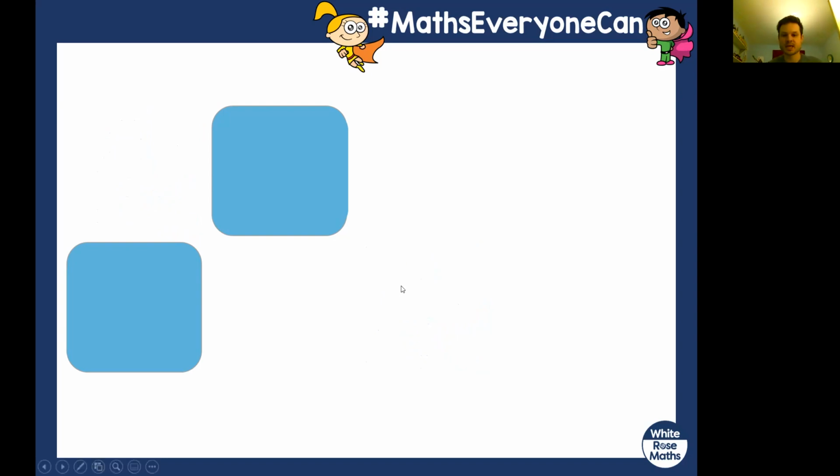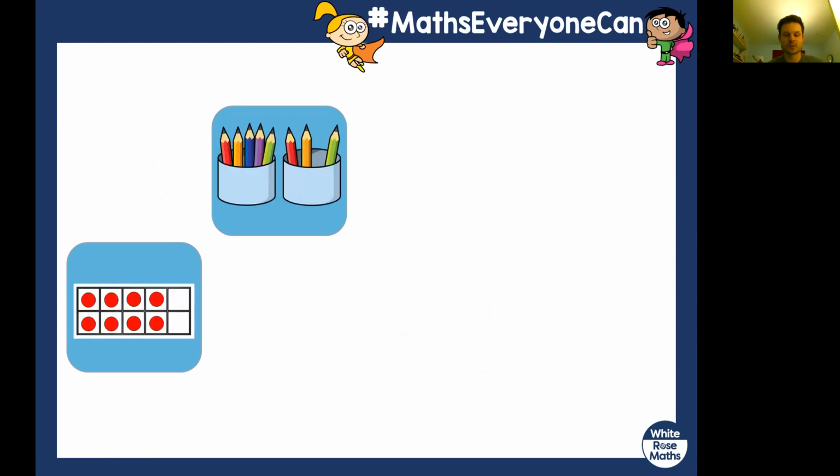Okay, we've had a 6, we've had a 7. Will these two cards show different ways of making number 8? Let's have a look. Okay, so we know this card down at the bottom here is 8 because we just counted that one. We had 8 red counters on our 10 frame. So hopefully we should now have 8 pencils in those 2 pots.